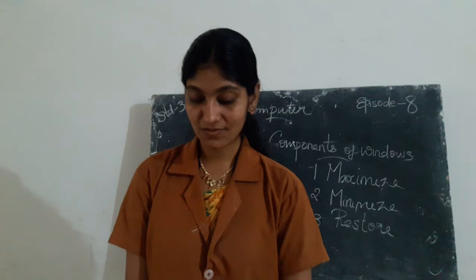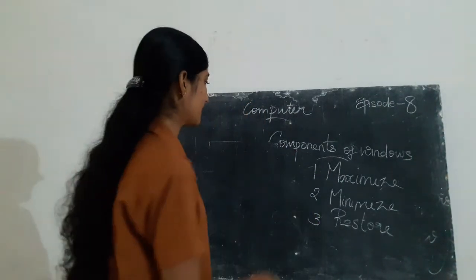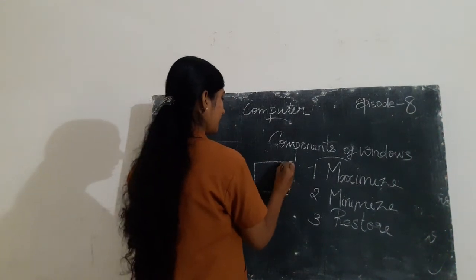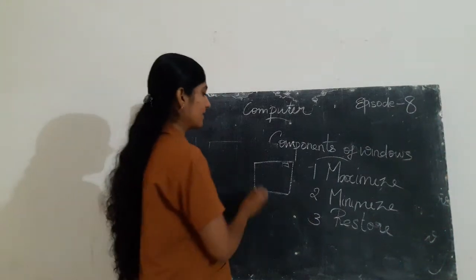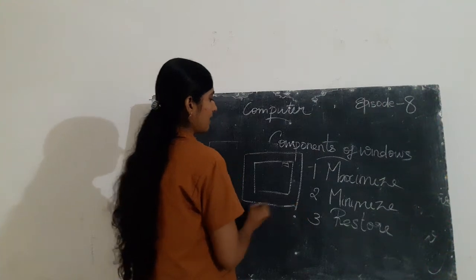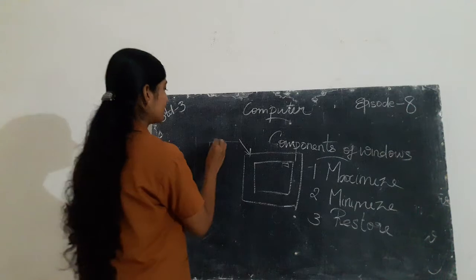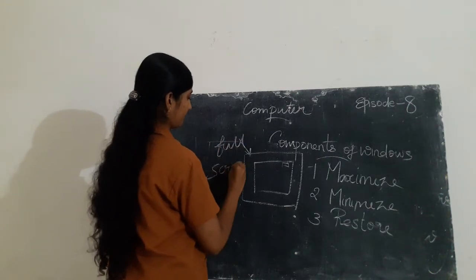That means the window will get maximized to full screen. For example, this is your screen. If you click the maximize button, what happens? The window will get maximized to the full screen. That means it becomes full screen.